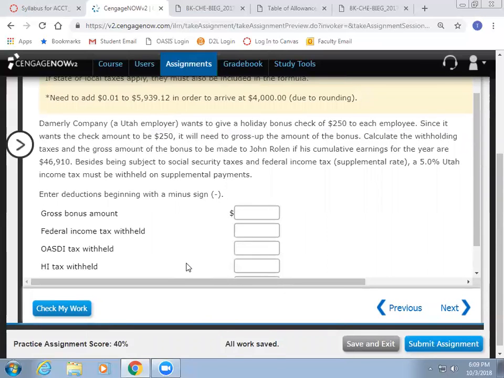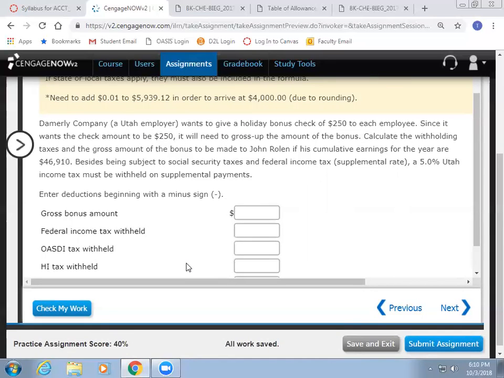So in this case, we're going to look at issuing a bonus check, which is still taxed, as we know. Damerly Company wants to give a holiday bonus check of $250 to each employee, and it wants the check amount to be $250. So it wants each employee to actually net $250.